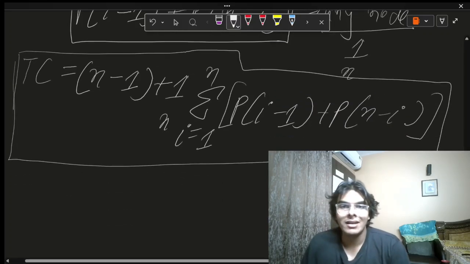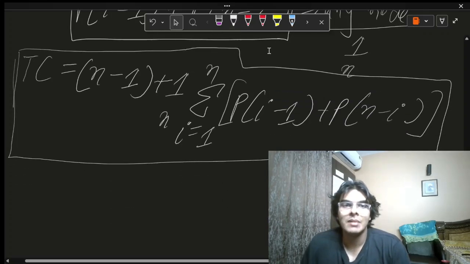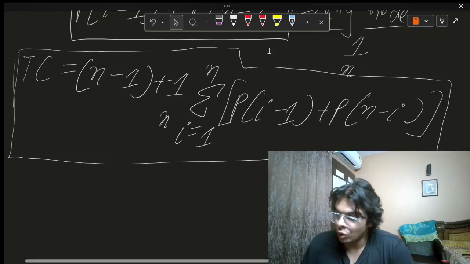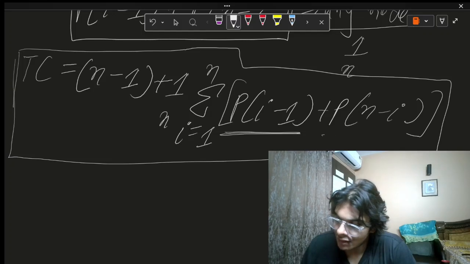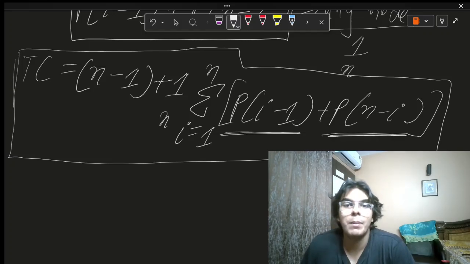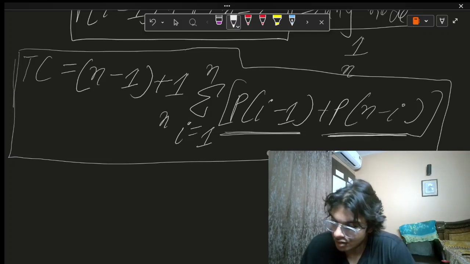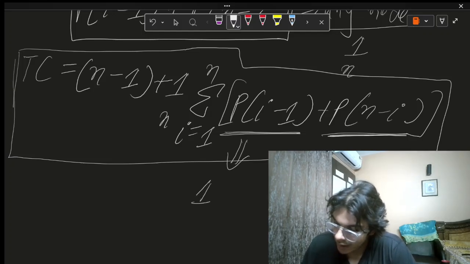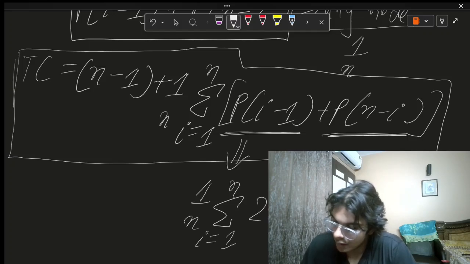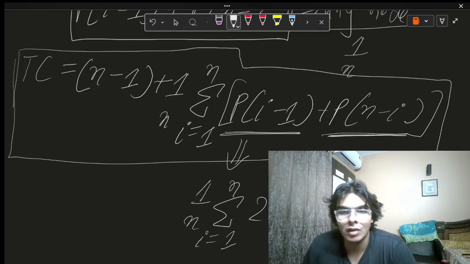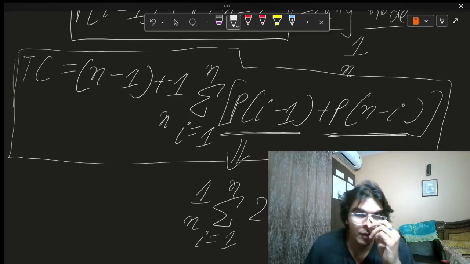Now, the thing is, binary trees are usually symmetric in nature. So for ease of calculation, we try and assume that this left subtree and this right subtree have an equal path length. So instead of this very long term, what we can actually write here is 1 upon n summation of I equals 1 to n, and here I can write 2 multiplied by p of I, where p of I is basically the path length of any one side, and that is what we are assuming for both of them.